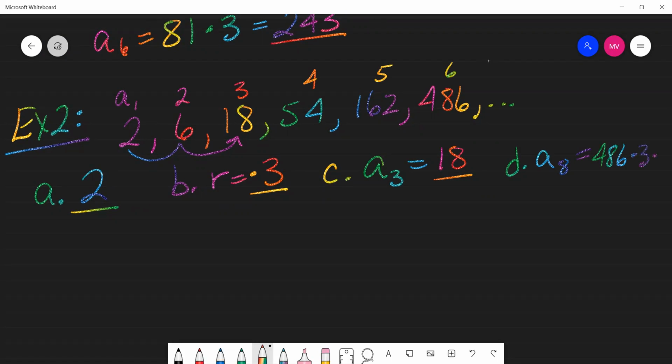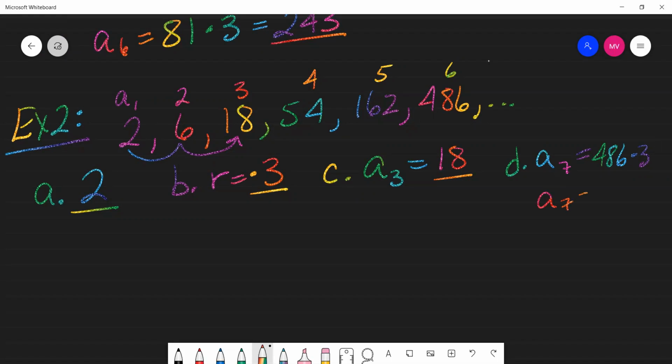To get A8 you would multiply by 3 and then by 3 again, or you can recognize that that's times 3 cubed, which we'll get into in a little bit. Let me do it this way. If I'm trying to calculate A7, because all I know is A6, then it's 486 times 3.